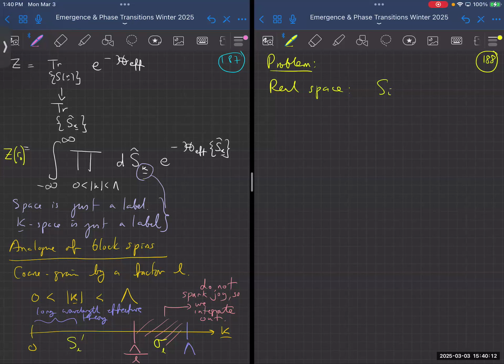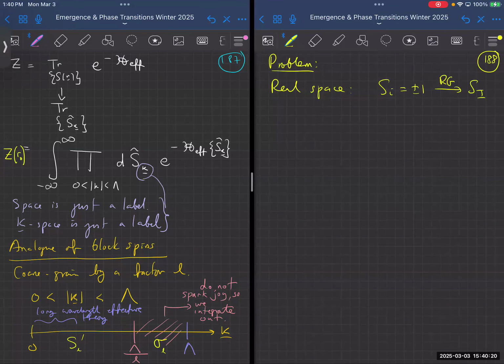So we started off with SI as plus or minus 1. We did some RG transformation that I defined, which used majority rule. And then I got my coarse-grained block spin variables, and they were also defined to be plus or minus 1. Okay, so that was great.